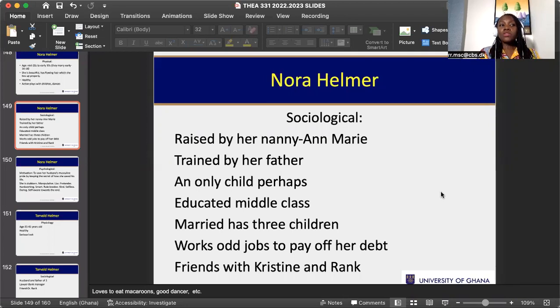And because no siblings are mentioned, we can assume that she's an only child. She belongs to the educated middle class. She's married, she has 3 children, and she secretly works all jobs to pay off her debts. And she's friends with Christine and Dr. Rank. So this is what forms her sociological aspect.